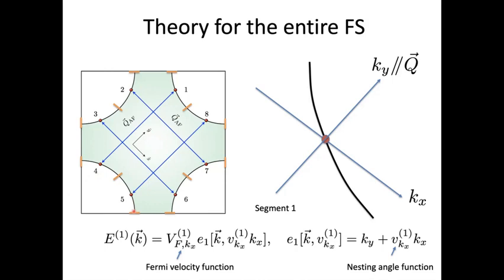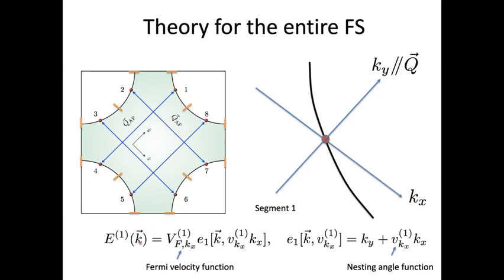So in order to do that, again, you have to include the entire Fermi surface. So here, instead of studying the hotspot theory, we consider the entire Fermi surface. And here we divided the Fermi surface into 8 segments, and each segment includes only one hotspot. If I specify the shape and the Fermi velocity in segment 1, the other segments are related by symmetry.